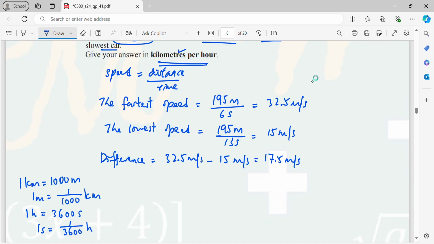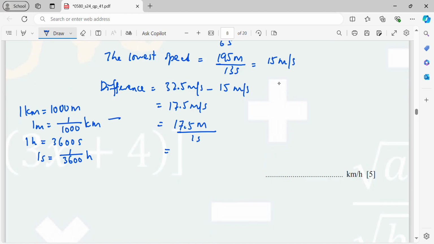So now what I need to do is, I get this 17.5 meters per second. Meter per second is basically meter per 1 second. So I will change the meters to kilometers by multiplying 1 over 1000. So it will be 17.5 times 1 over 1000 kilometers over 1 second.